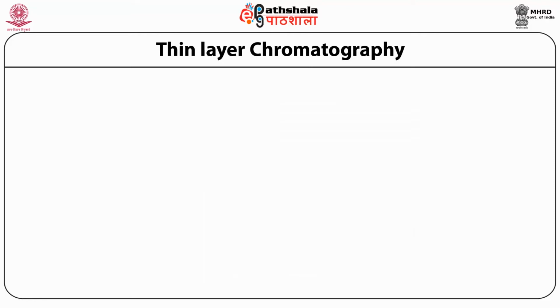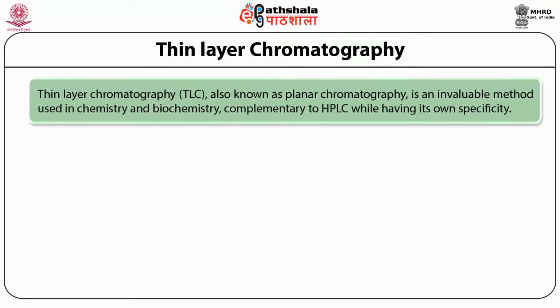The next one is thin layer chromatography. Thin layer chromatography, also known as planar chromatography, is an invaluable method used in chemistry and biochemistry, complementary to HPLC while having its own specificity.